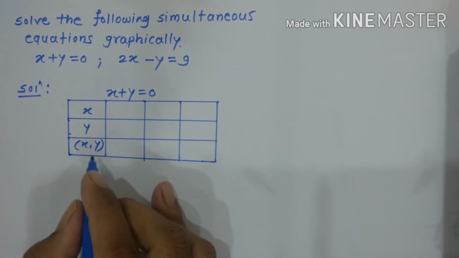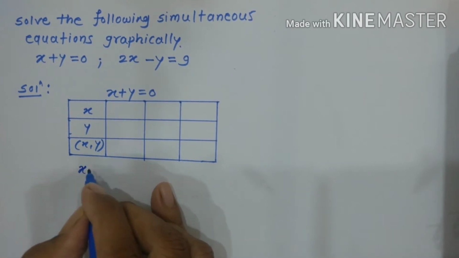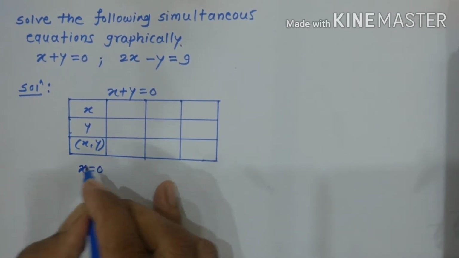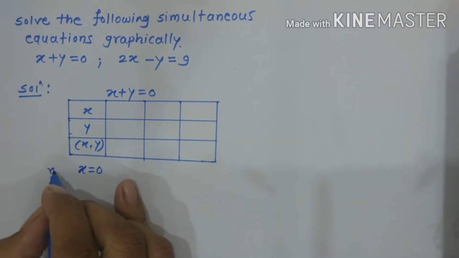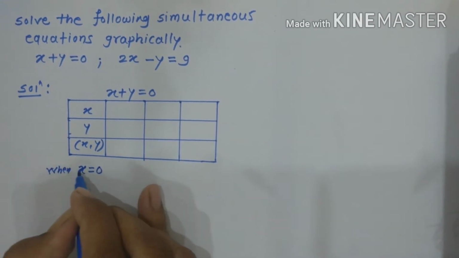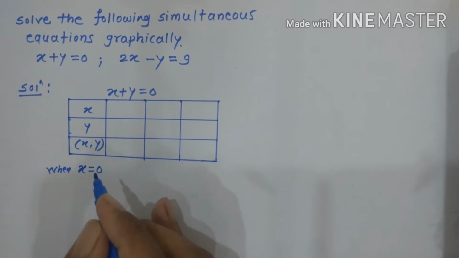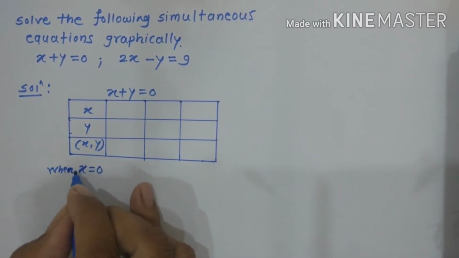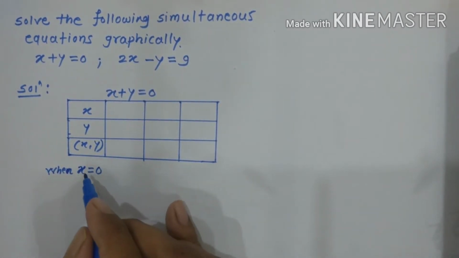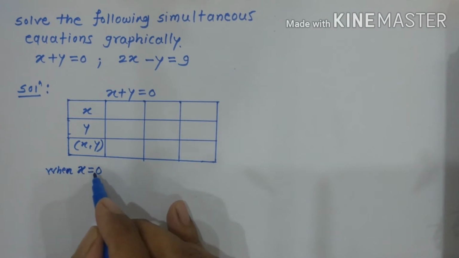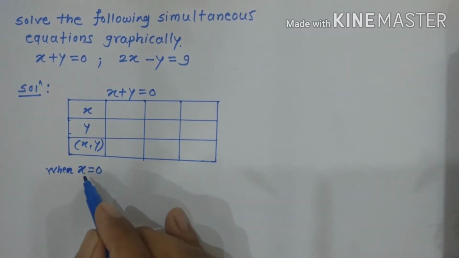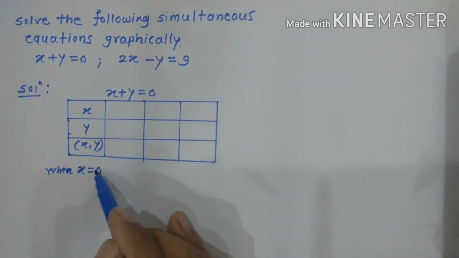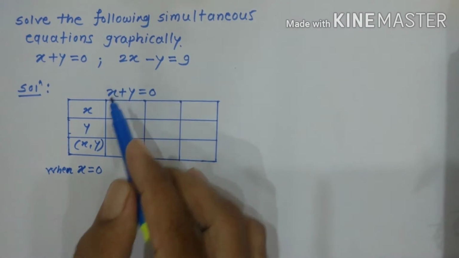I consider here value of x is equal to 0. You can consider any value of x. It may be positive value, negative value or 0. To get the value of y, put this value of x in given equation.